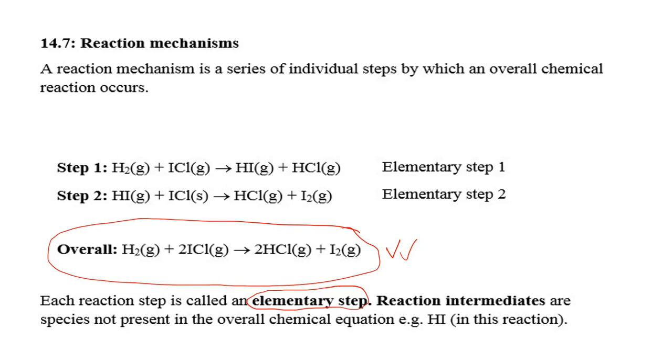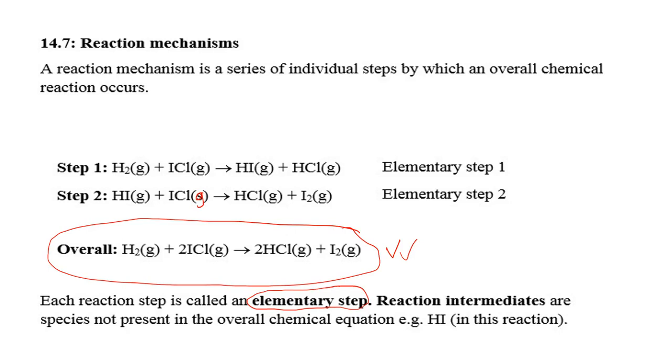The second step, hydrogen iodide reacts with ICl. This should be gas, not solid. So hydrogen iodide reacts with ICl gas to give hydrogen chloride gas and iodine gas. That is the second step.